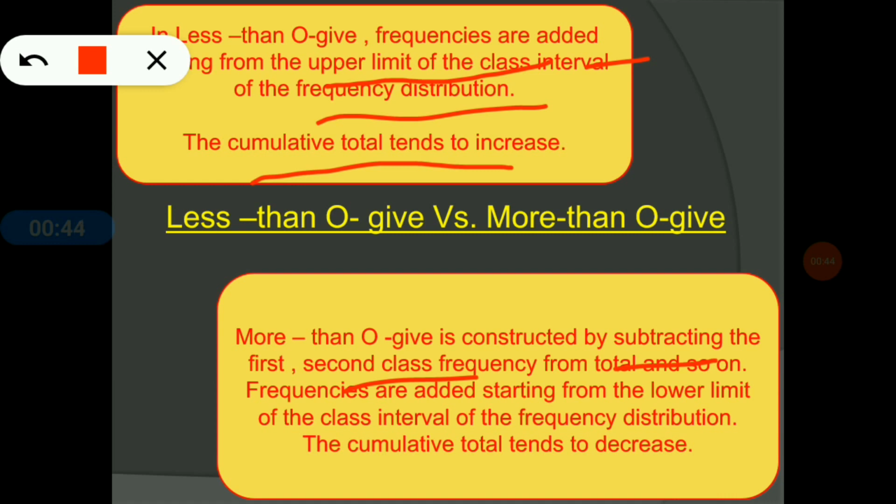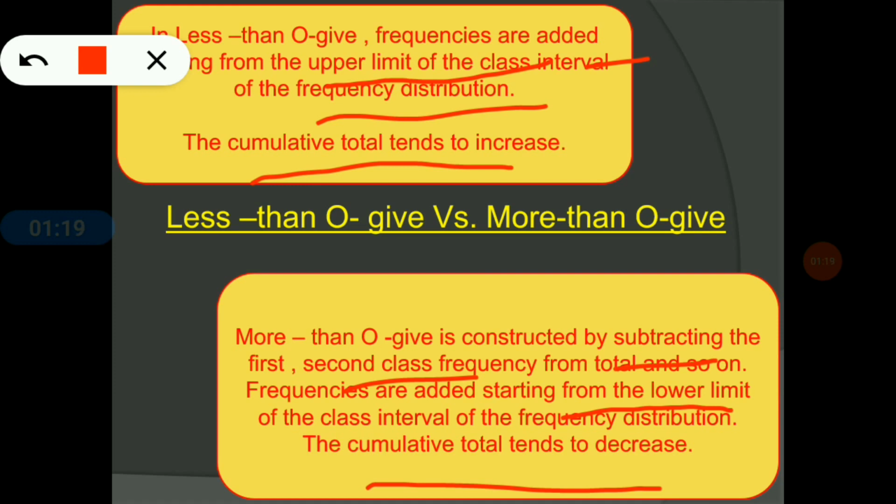So frequencies are subtracted starting from the upper limit in the more than ogive calculation, and in the less than ogive calculation the frequencies are added starting from the upper limit of the class. That's why the cumulative total tends to increase, but in the more than ogive calculation the cumulative totals tend to decrease. I think it will be clear when we use the example.